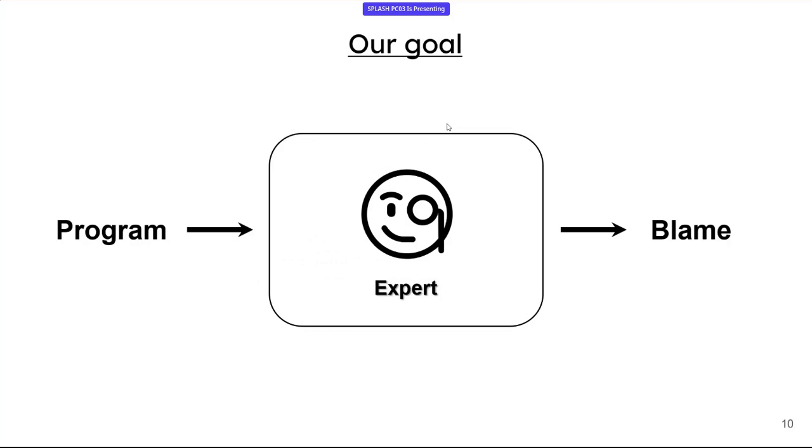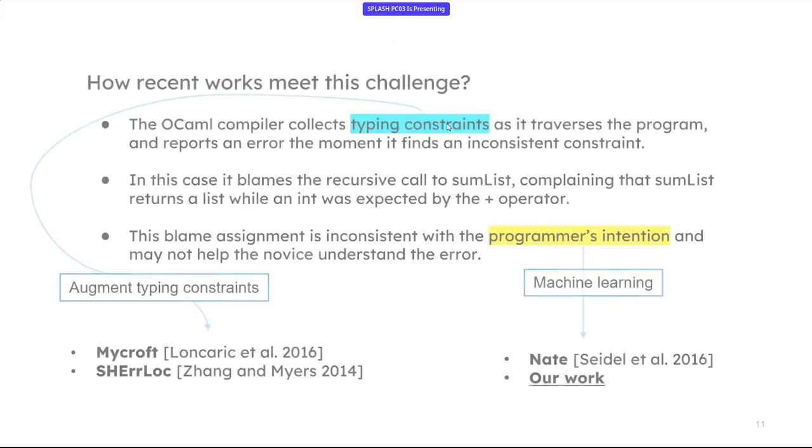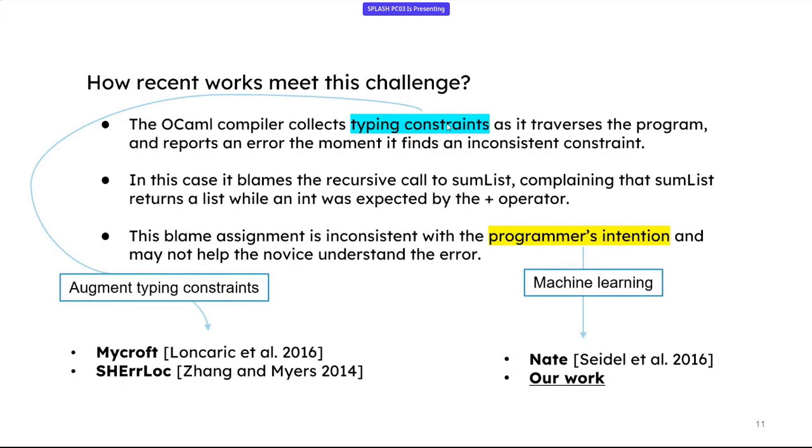As my talk title suggests, we would like to use a natural language model to approximate this expert. Here, I want to briefly mention some recent work on this problem. There is a line of work that follows the idea of how the compiler works, which is augmenting typing constraints.